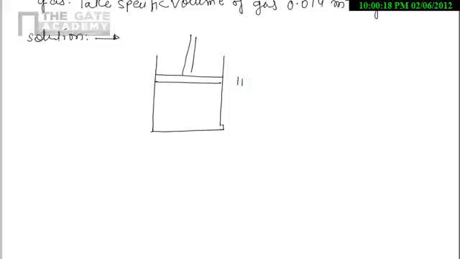Suppose temperature is now 110 degrees centigrade. So it's an equilibrium state.